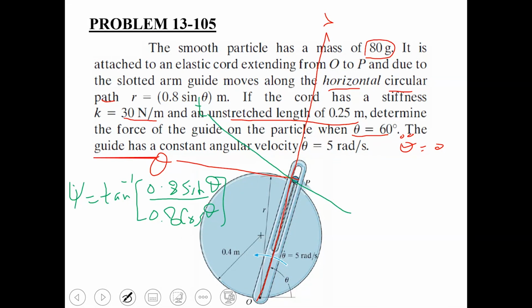So putting the value of theta equal to 60 degrees, the value of psi comes out to be 60 degrees here. Since this psi comes out to be a positive value, this t axis lies at 60 degrees counter clockwise from the r axis. Is this point clear to all of you?